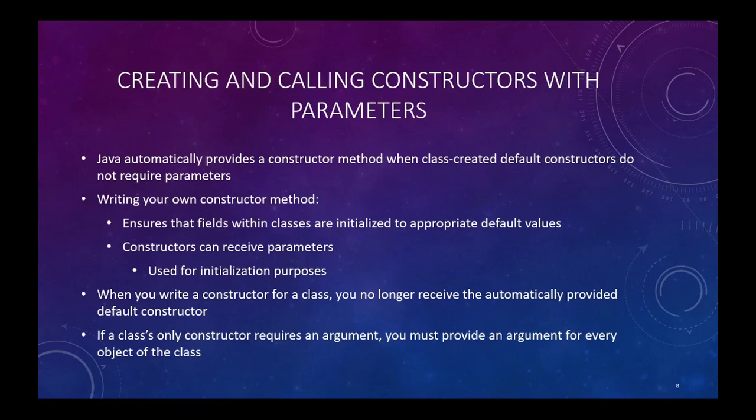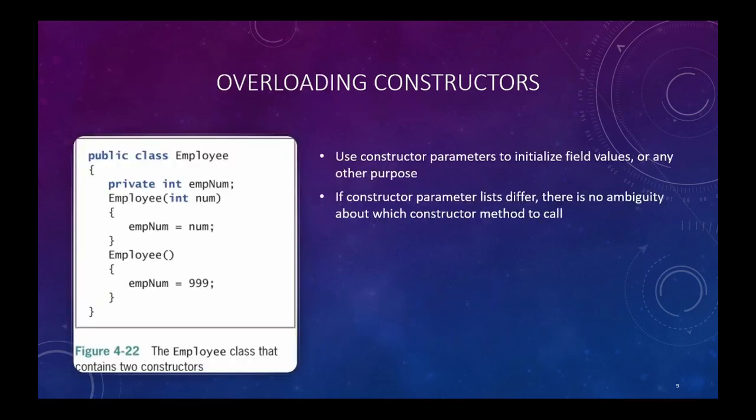But whenever you create any type of constructor for a class, you automatically get rid of that automatic constructor that Java builds. So if you want to have that empty constructor, you need to put it back in. One other thing is that you can have a constructor for a class require an argument every time the object is created. So maybe you don't want the empty one. Let's take a look at some code and see what this looks like.